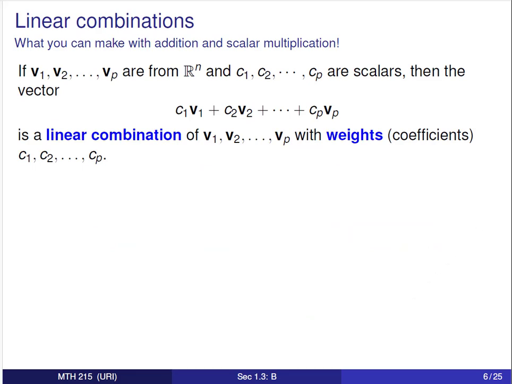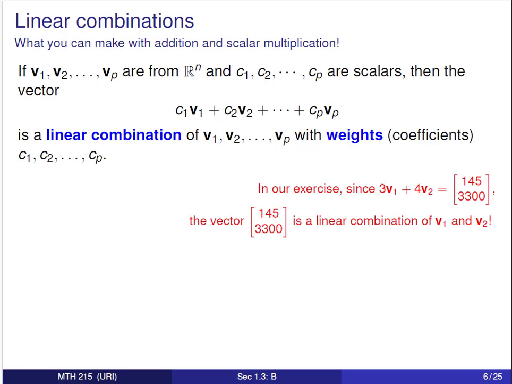Now, these kinds of quantities we can form by taking scalar multiples of vectors and adding them together are called linear combinations. So we'll say that a vector formed by doing that scaling and adding is called a linear combination of the vectors v1, v2 up through vp, however many vectors there are. And we'll say that these coefficients, these numbers, these scalars we're multiplying by, are the weights in our linear combination.